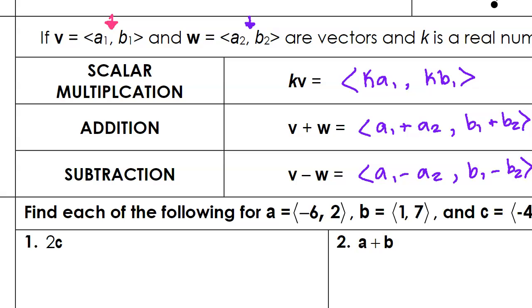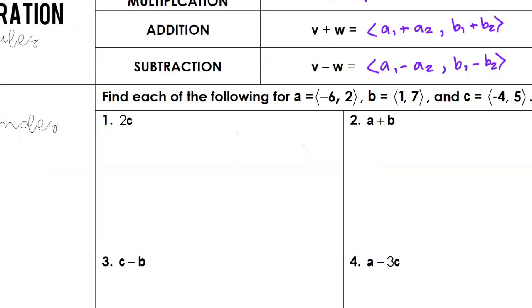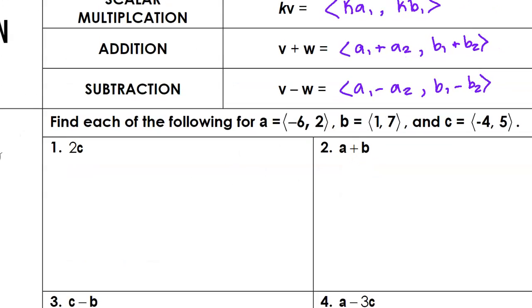Any questions so far? Okay, let's try. We'll do two easy ones and then one kind of hard one. It's really not even hard. First, we're multiplying 2 times c. So this over here is vector c in component form. We know these are in component form because they have the little arrow brackets, all right?